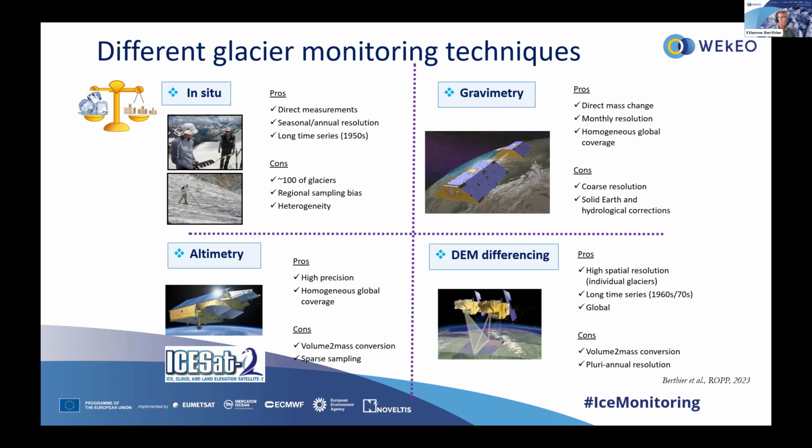So the community has developed over the last 20 years several techniques to measure glaciers from space, to measure their mass balance. I don't have time here to go into detail of each of these techniques, but I refer you to a review paper we wrote back in 2023 in Reports on Progress in Physics that details each of these methods, their strengths and weaknesses.